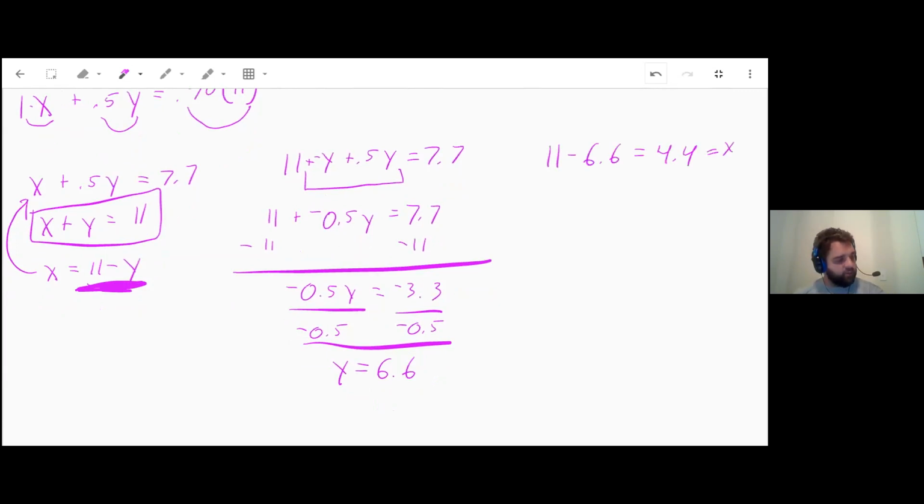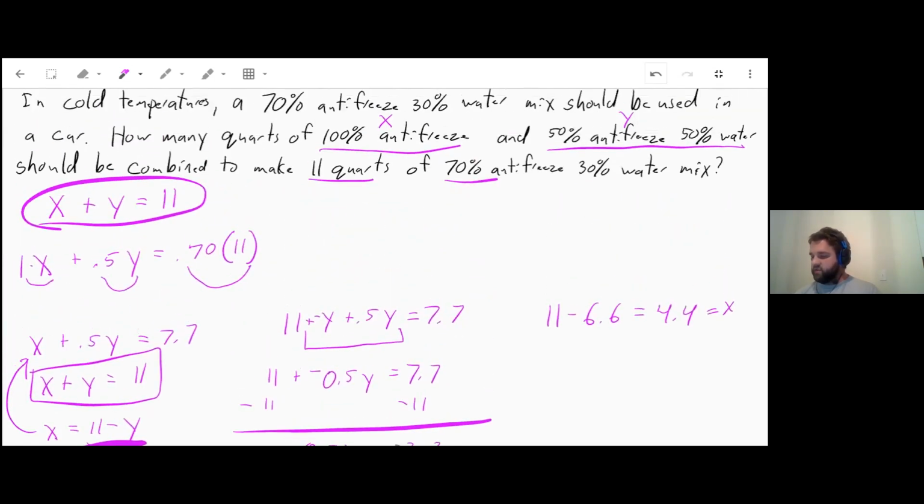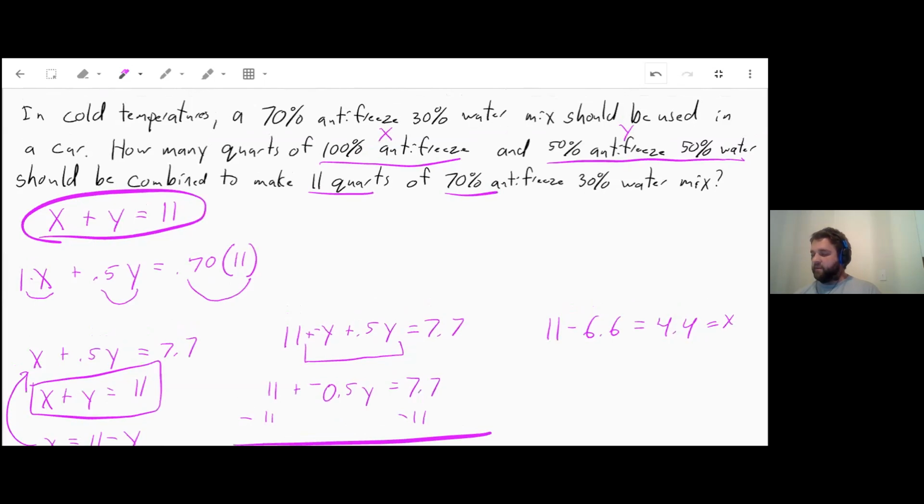So X is equal to 4.4 and Y is equal to 6.6. Which means, in other words, we need 4.4 quarts of 100% antifreeze and 6.6 quarts of the 50-50 antifreeze water mix.